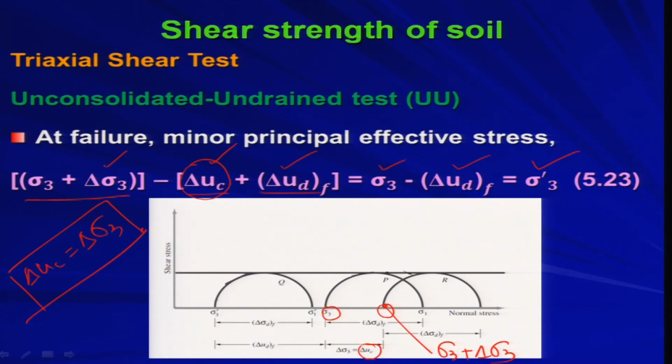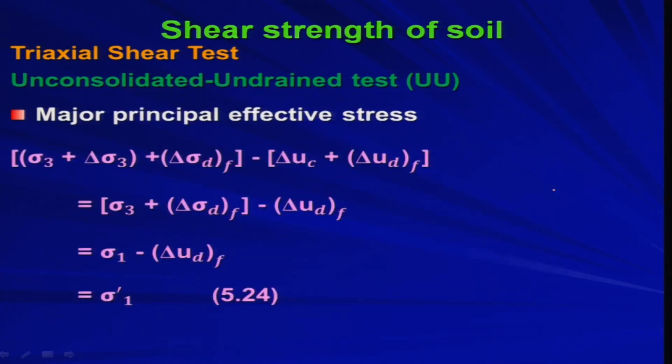Now, the total minor principal stress minus delta UC minus delta UDF gives you the effective minor principal stress, that is sigma 3 prime.